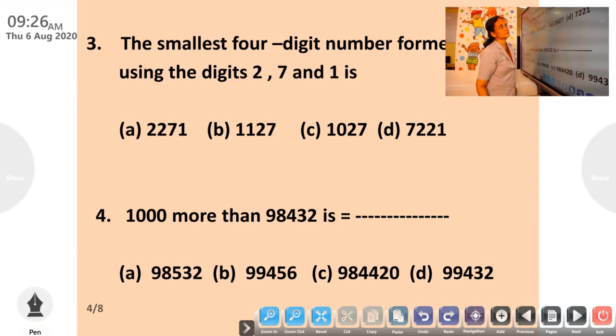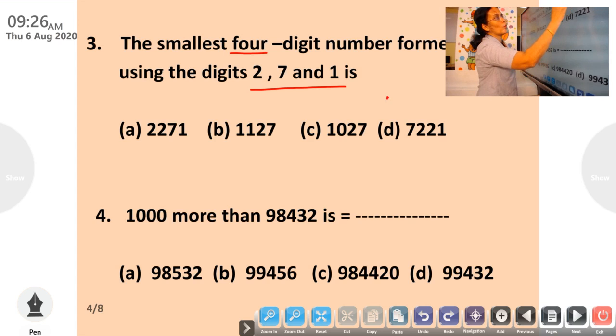The next one. The smallest 4-digit number formed using the digits 2, 7 and 1 is. See, 3 digits are there: 2, 7 and 1. And you have to write the smallest 4-digit number. So how will you do that? Just arrange the given digits in ascending order. That is 1, 2, 7. But when you arrange, you can see that there are only 3 digits and you are getting a 3-digit number.